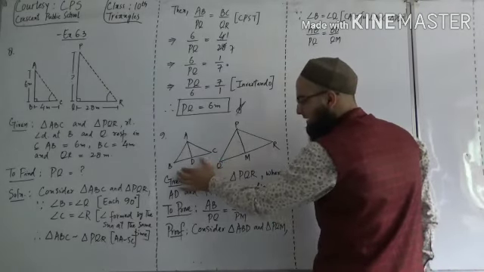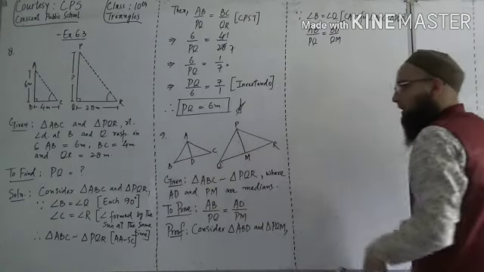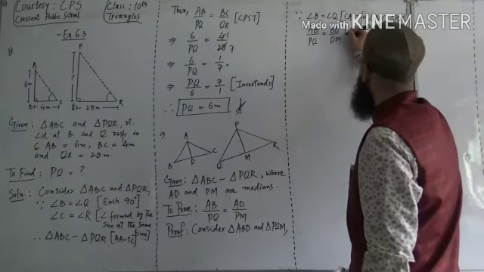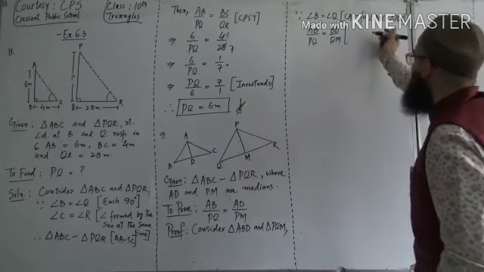Now BC by QR can be written as half of BC by half of QR, and I'll give you the reason for this. See, AB by PQ is equal to BD by QM.